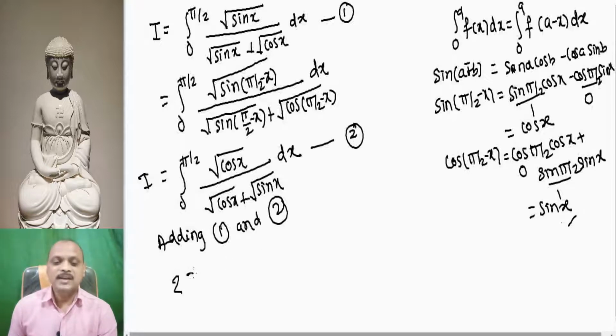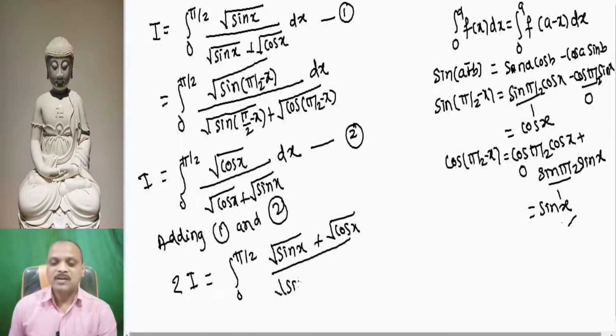On the right side we will get 2I equals integration 0 to pi by 2. You can see that the denominator root of sin x plus root of cos x is the same, therefore we add the numerators: root of sin x plus root of cos x divided by root of sin x plus root of cos x into dx, and this gives us 1.